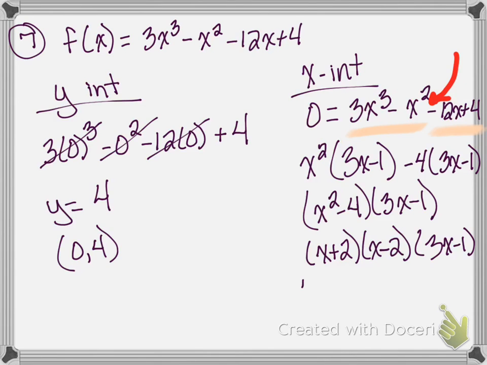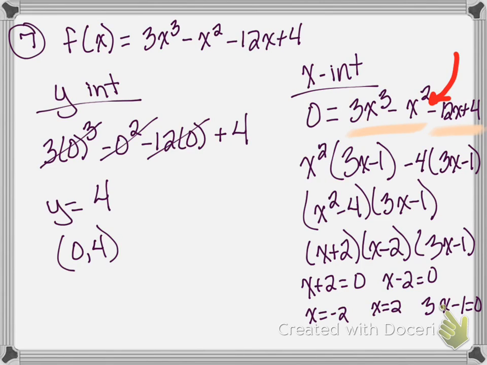To get my x-intercepts, I'm going to set each one of these equal to 0. So x plus 2 is x equals negative 2. X minus 2 is going to be x equals 2. 3x minus 1 equals 0 is going to be x equals 1/3.